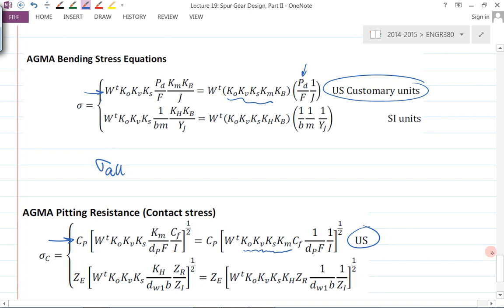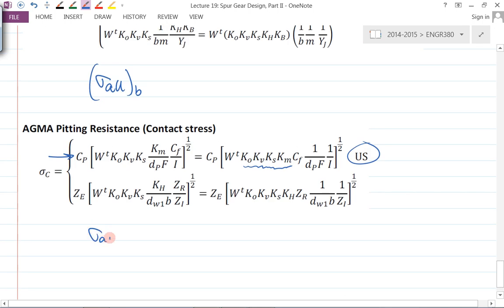One is sigma allowable for bending, and the other is sigma allowable for contact stress. So you calculate the two stresses, and then you calculate two allowable ones. You compare them to each other. Then you know whether you're safe or not. The two allowable ones will incorporate the safety factors. Is that good? So that's the bigger picture, right?